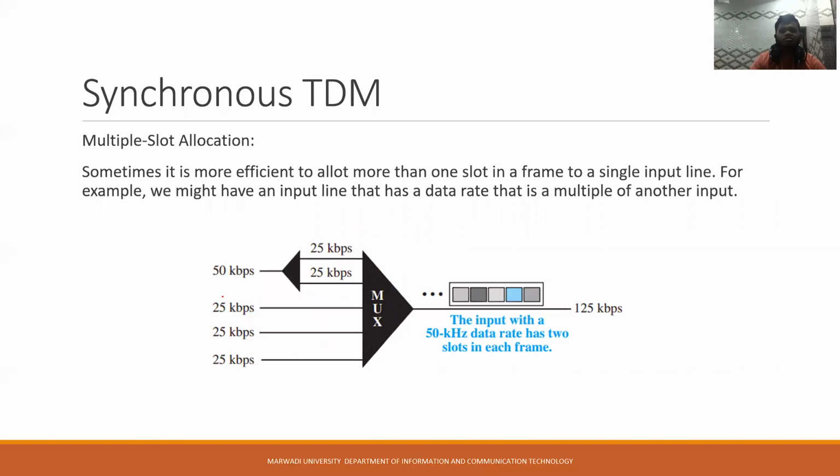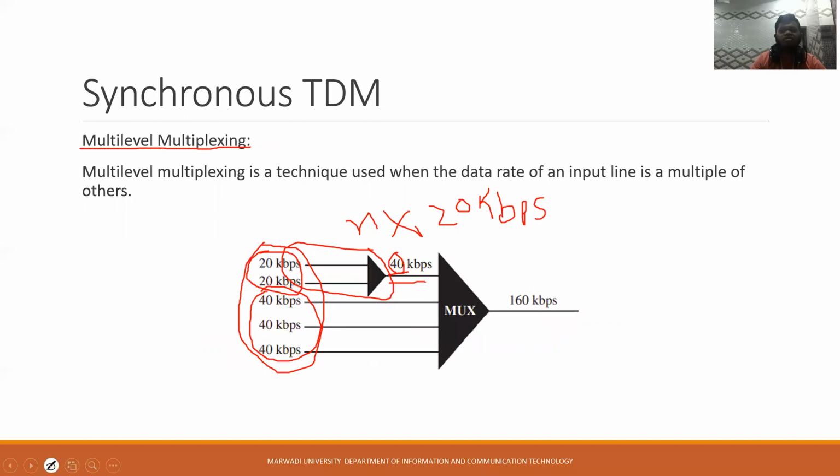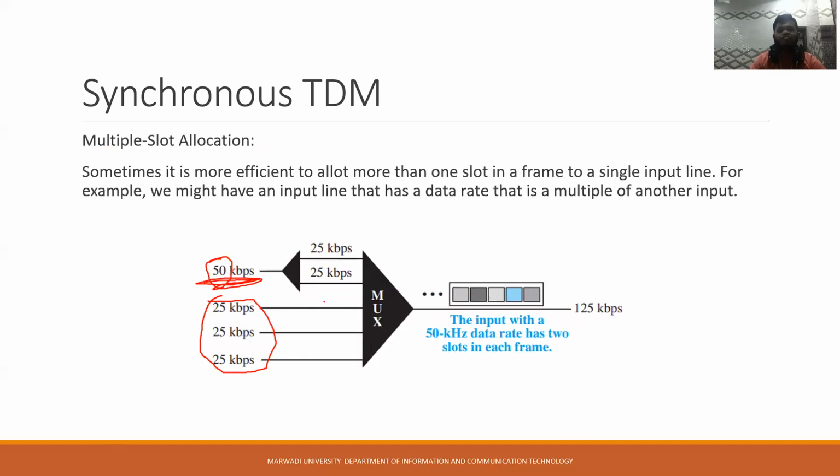But in this case, we are having 25 kbps and one we have 50 kbps. So here the reverse can be done. Multiple slots can be allocated for one signal. So if we look here, we have split this 50 kbps signal using the demux. So the reverse is applied here. In the previous example, we increased the data rate, but here we are decreasing the data rate.